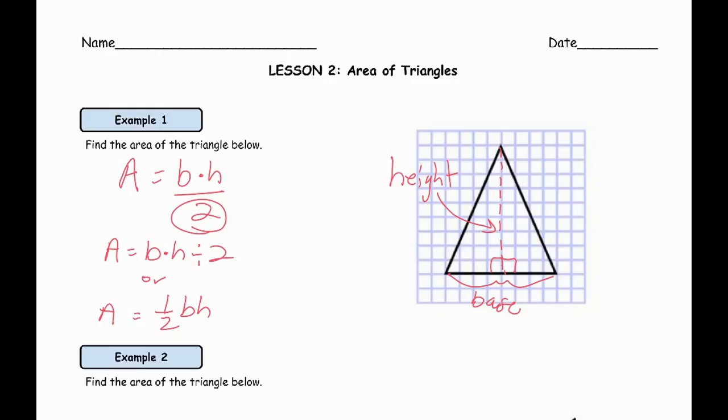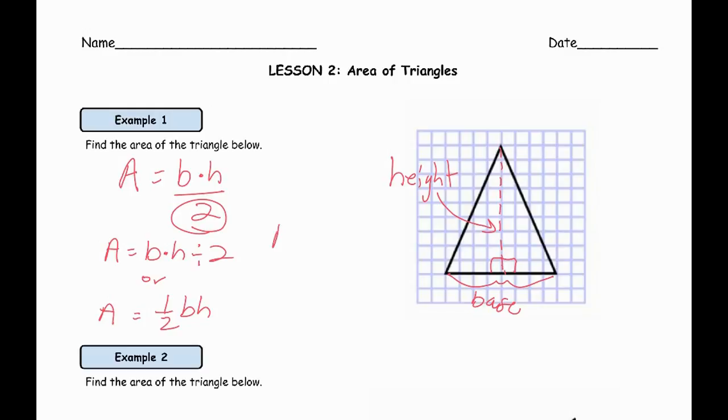The biggest misconception, or the biggest problem we are seeing, is kids are forgetting about dividing by 2 or taking half of the base times the height. Well, we're not going to do that, so let's make sure we do this right. I'm going to first try to determine how tall this triangle is, or what the height is. So I'm going to count my units. 1, 2, 3, 4, 5, 6, 7, 8, 9.